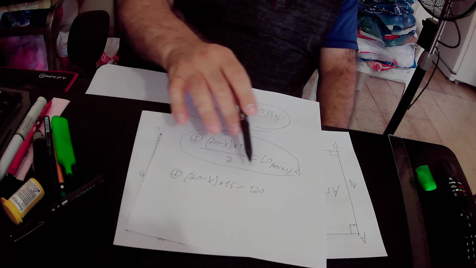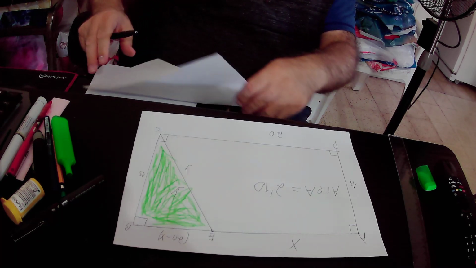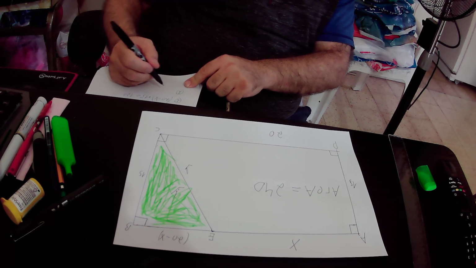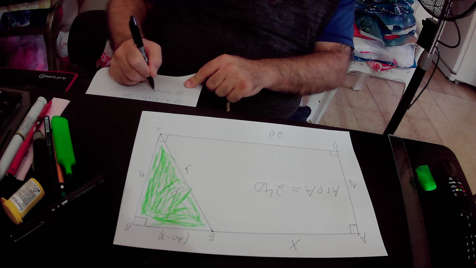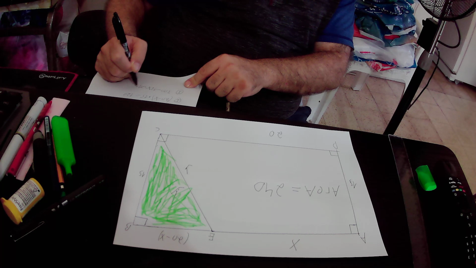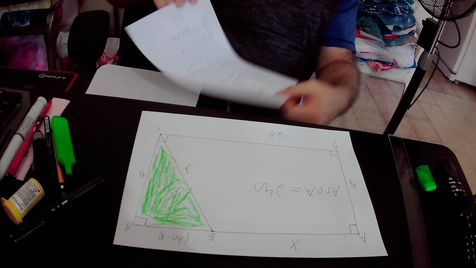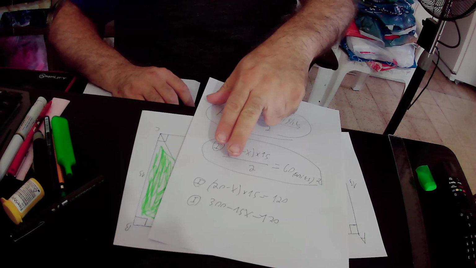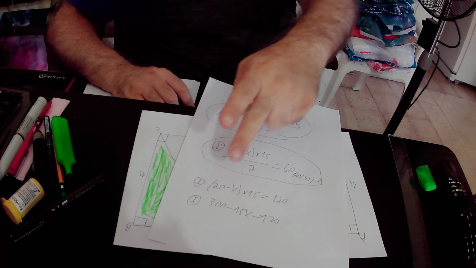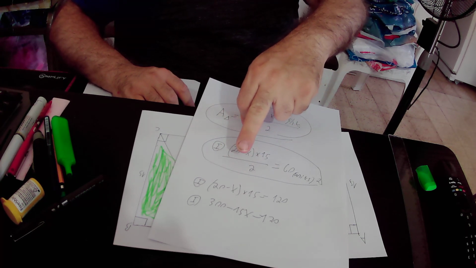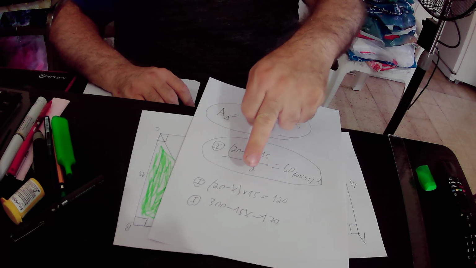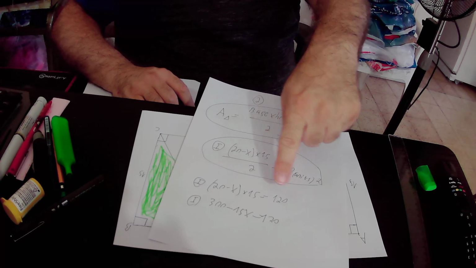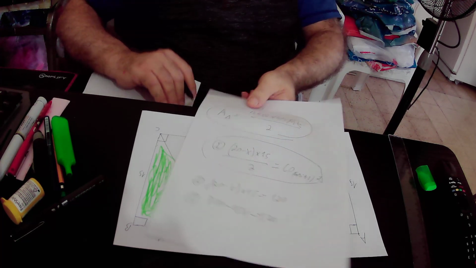We will open the brackets in equation number 1. So we opened the brackets in equation number 1. 20 times 15 is 300, and x times 15 is 15x. Now we'll subtract 120 from equation number 1.